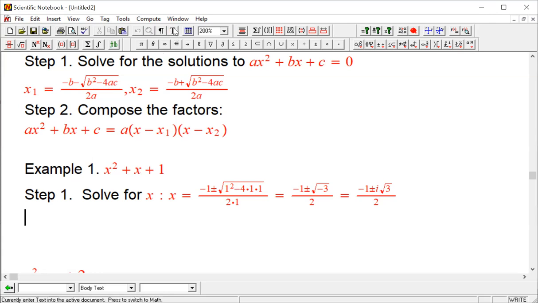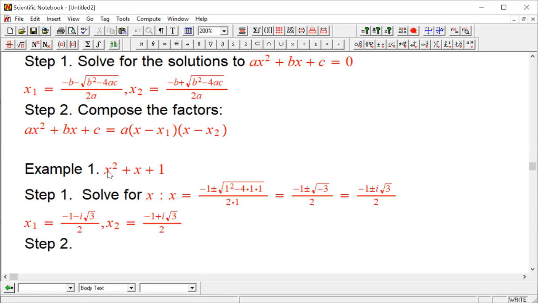Our x sub 1 equals negative 1 minus i times root 3 divided by 2. And our x sub 2 is going to be negative 1 plus i times root 3 divided by 2.